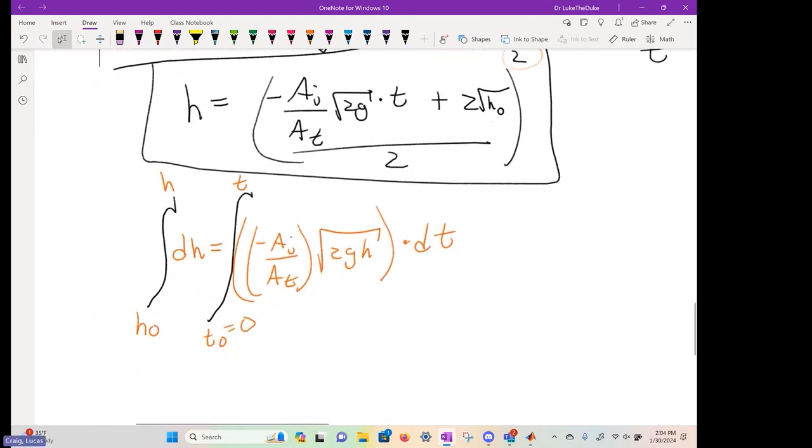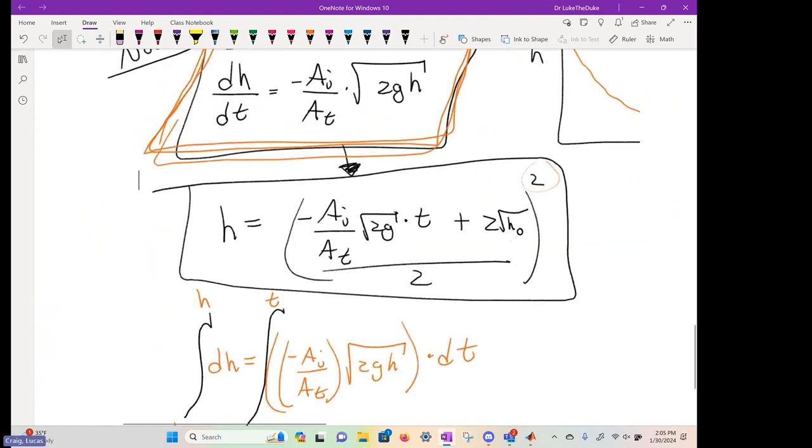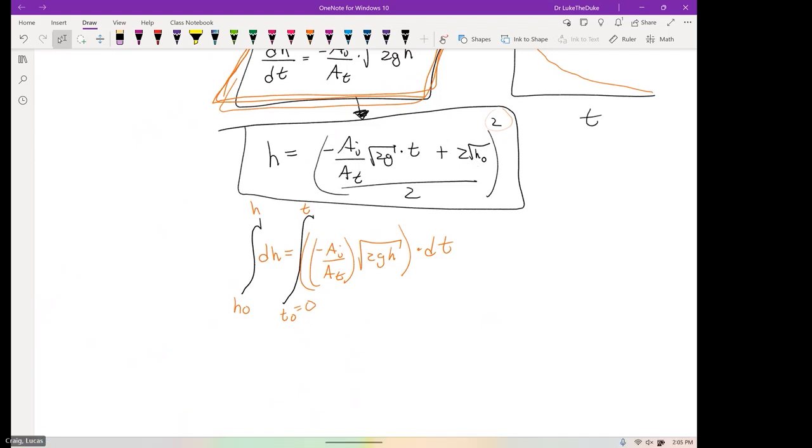Now, what we're going to do is look at this equation. We need to solve this numerically, meaning we're going to start with an H value and work our way until a certain amount of time. Let me show you something.